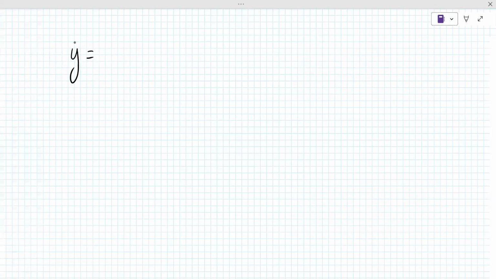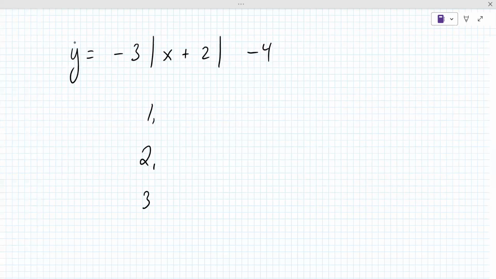Y equals -3 absolute value of x plus 2 minus 4. This has 1, 2, 3, 4 transformations. I'll take them in any order.